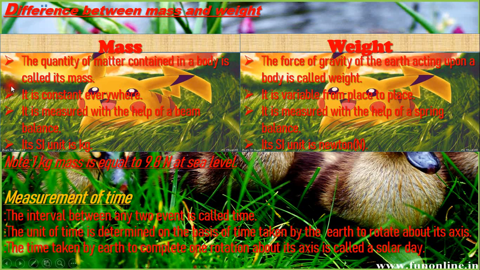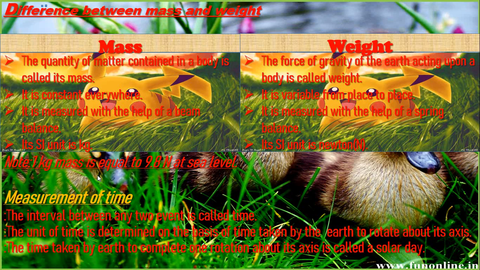So the weight of 1 kg mass at sea level is 9.8 Newton. We should not become confused in that, and we should be fully clear about mass and weight, which will also help us in our daily life.